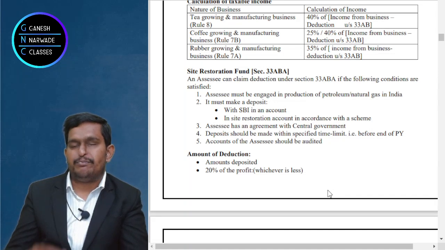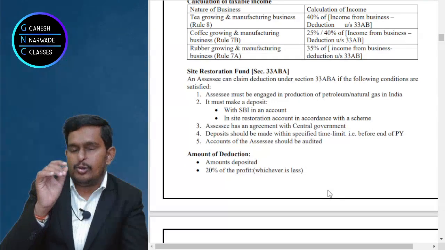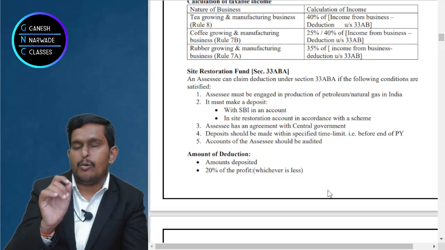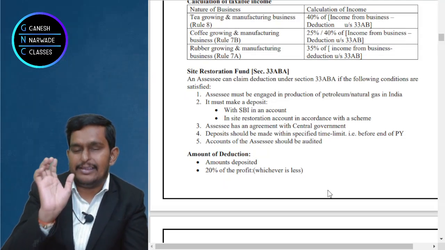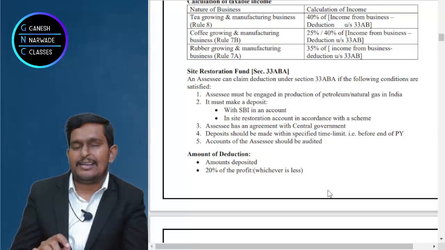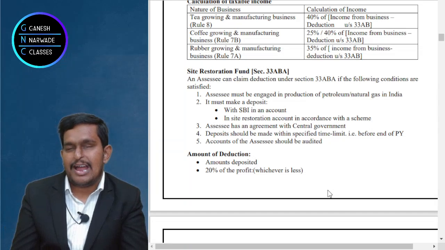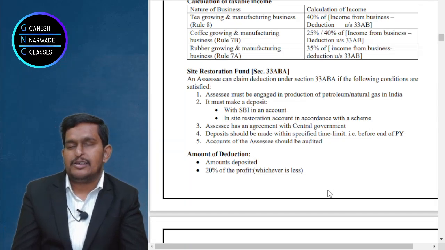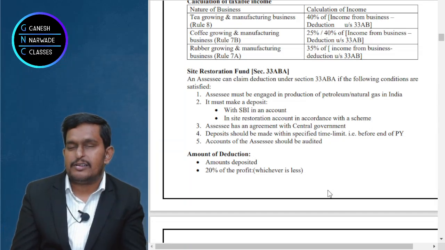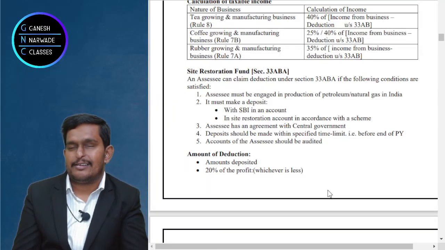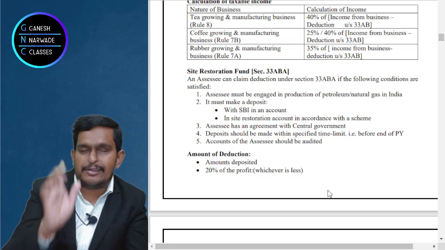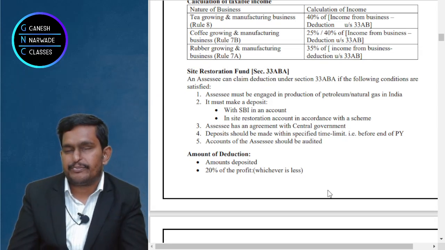Now the body says that you need to compulsorily open an account with SBI, and in that account you should deposit the money, and that money should be deposited not within 6 months or till the income tax returns. No, nothing as such. Till the end of the previous year you should deposit the money.